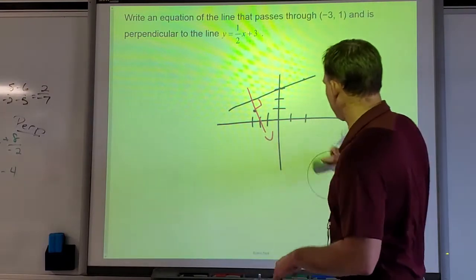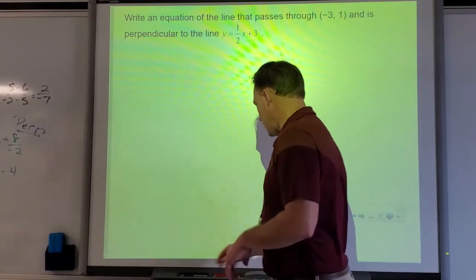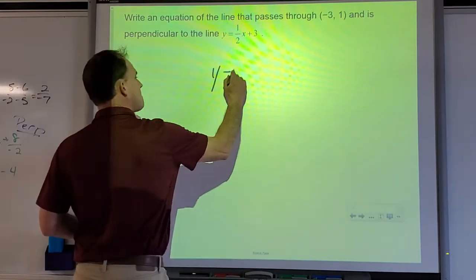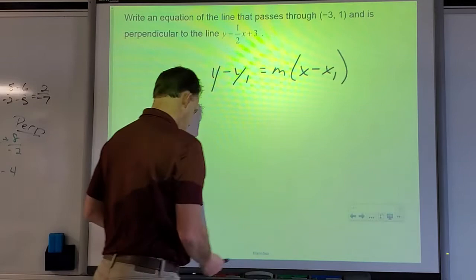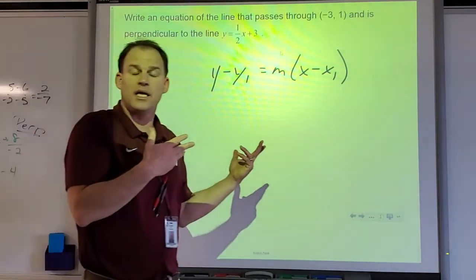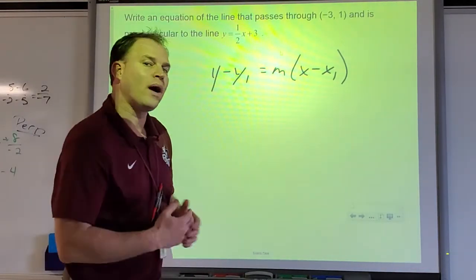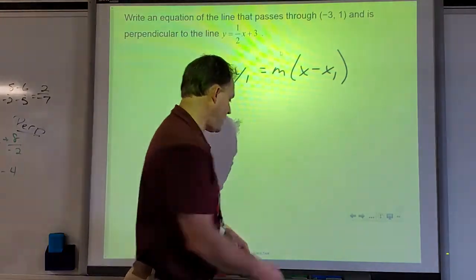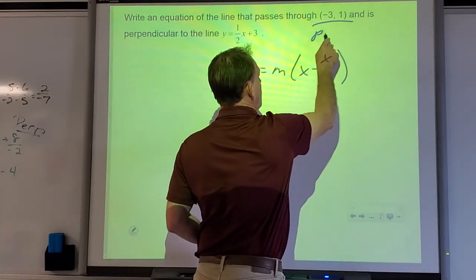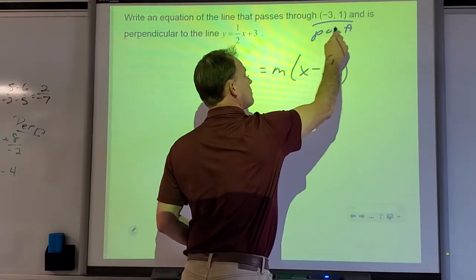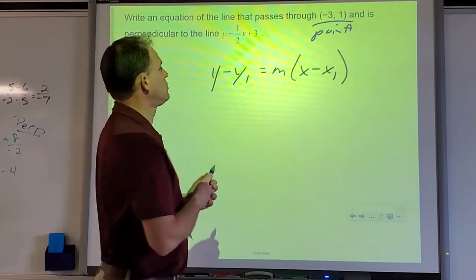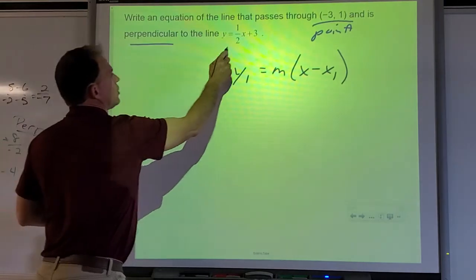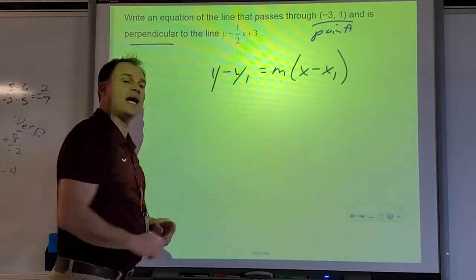Well, again, I have tools for writing equations. What do I need? I need a point. Got it. I need a slope. What is the slope of the first line that was in the problem?